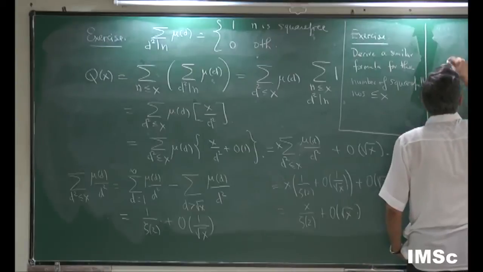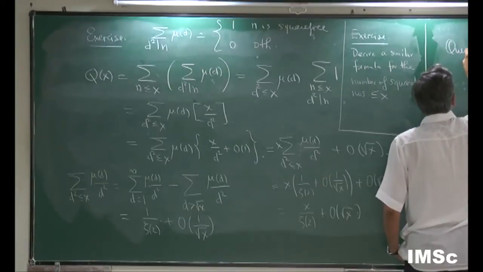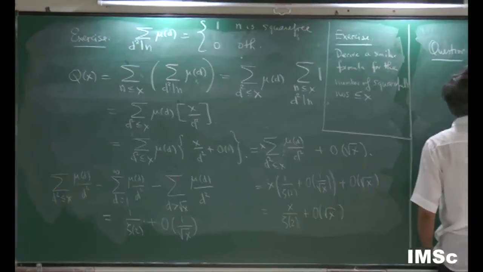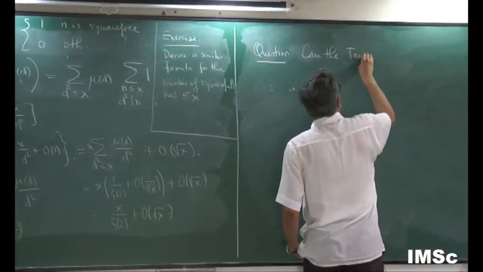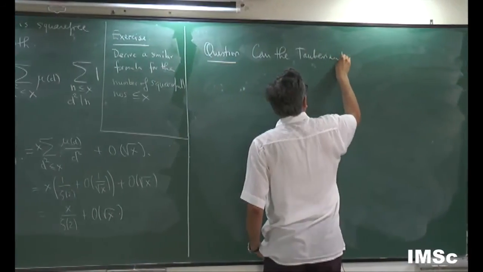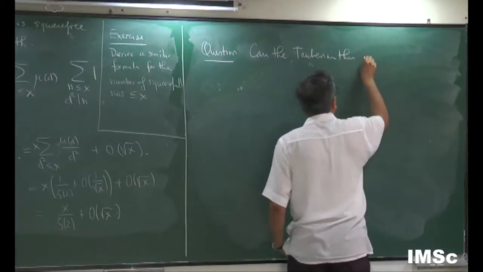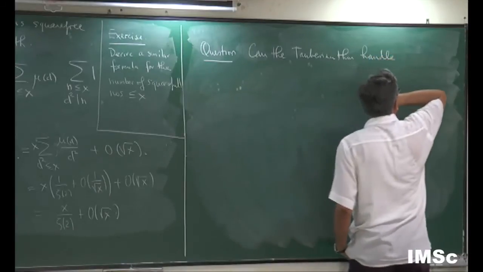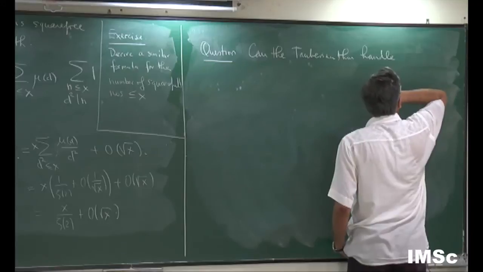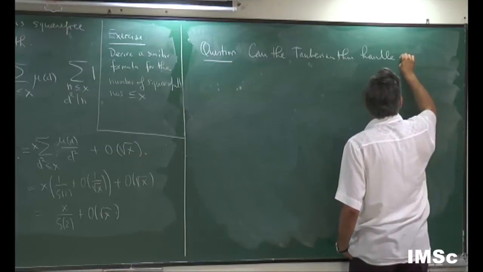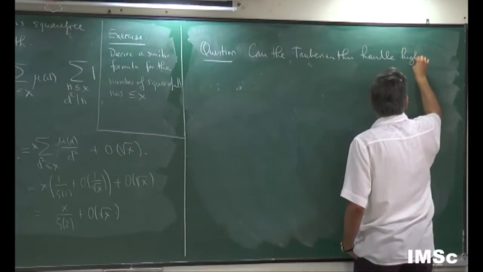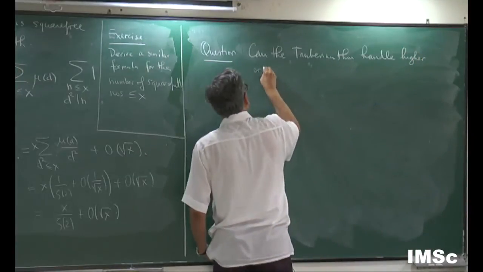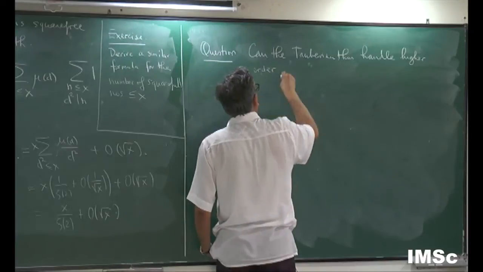Now, so the question is, can the Tauberian theorem handle higher order poles?